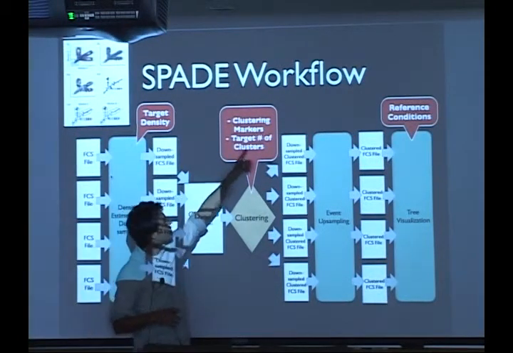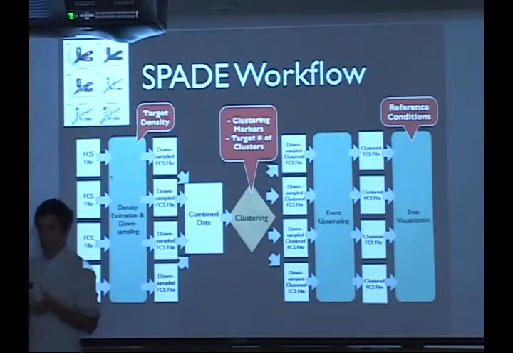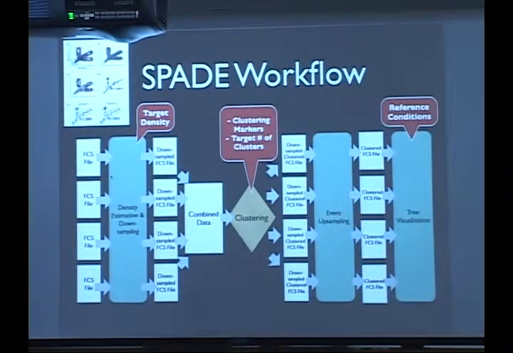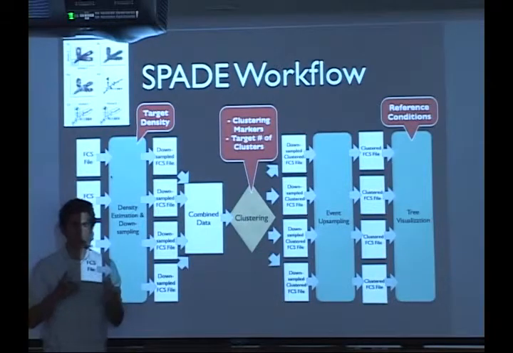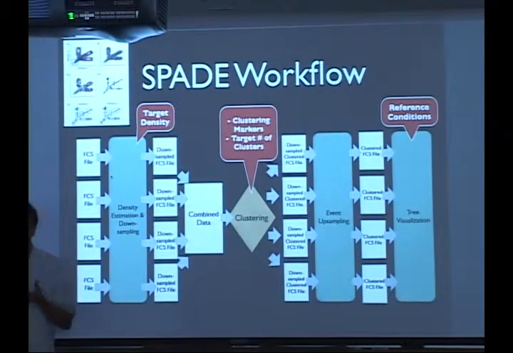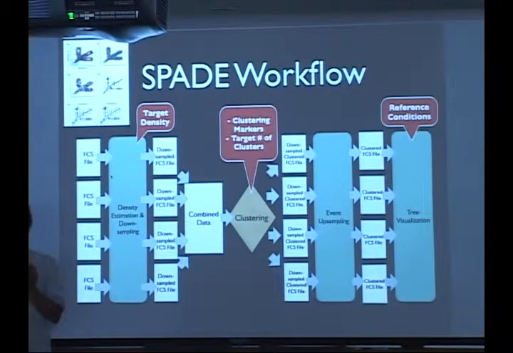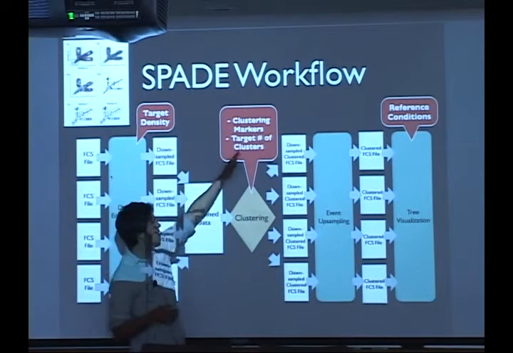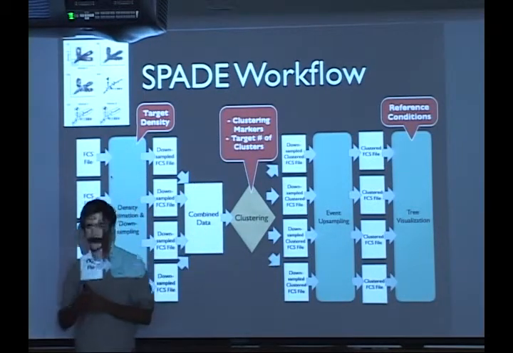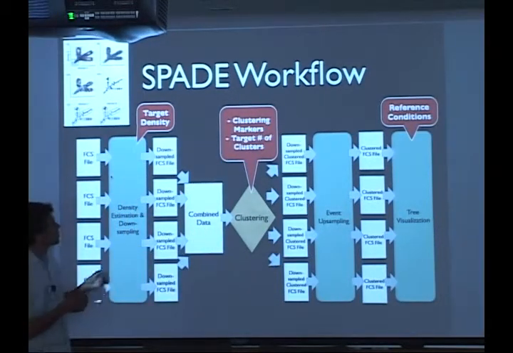The other thing you have to do is tell it which parameters to use for clustering. Typically, as Federico mentioned, we do this using markers that are typically used for gating. Clustering is an analogous process to gating. We want to find all the cell subsets that have similar expression of cell surface markers, so we usually tell SPADE to cluster using cell surface markers.